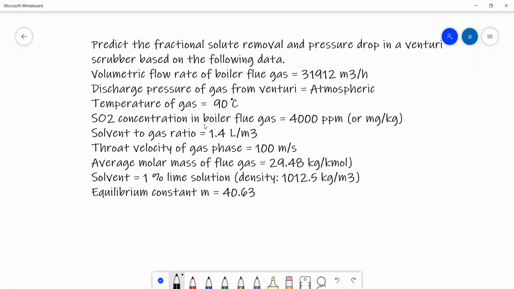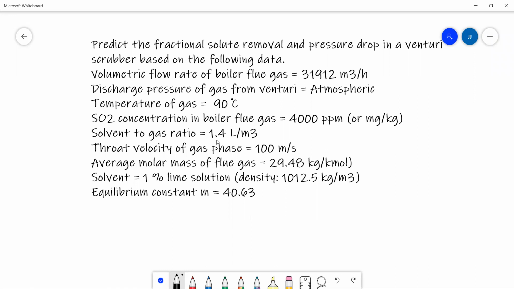SO2 concentration in boiler flue gases is equal to 4000 ppm, or milligram per kg. Solvent to gas ratio is equal to 1.4 liter per meter cube. It means per meter cube gas flow rate.